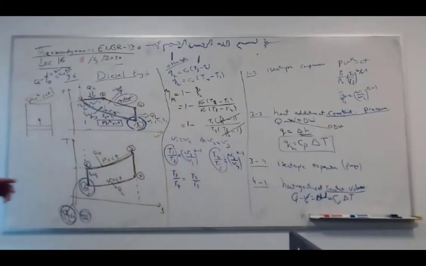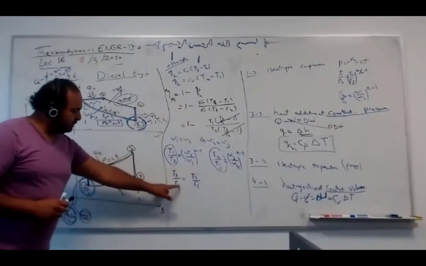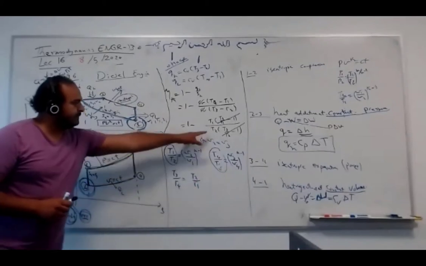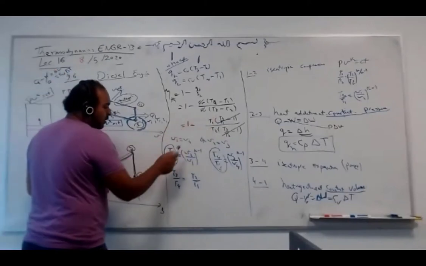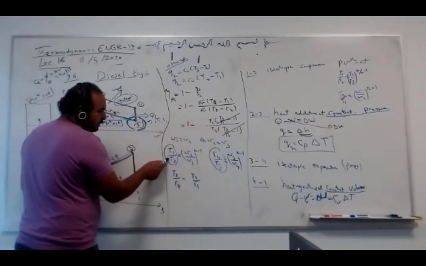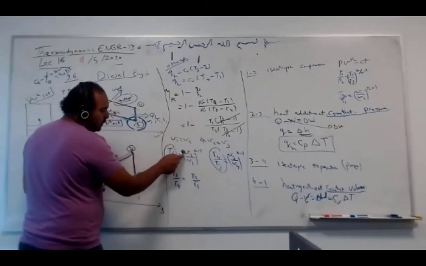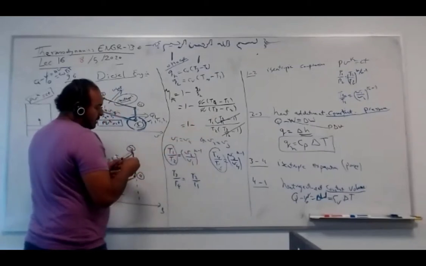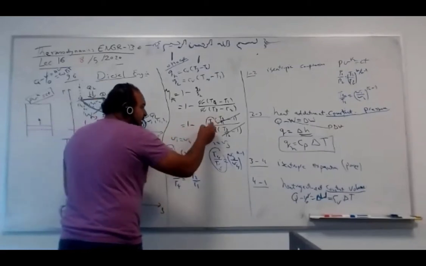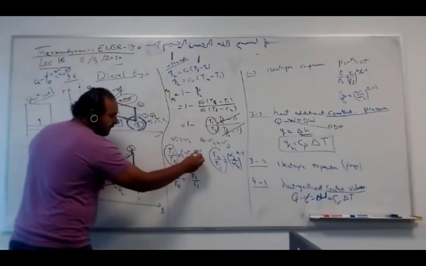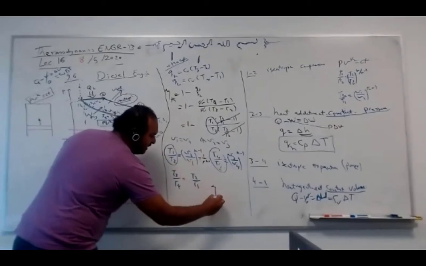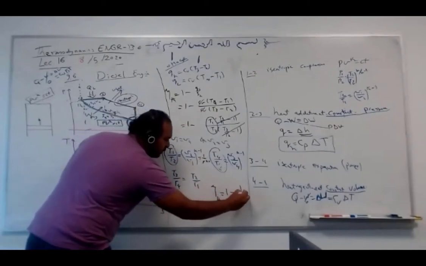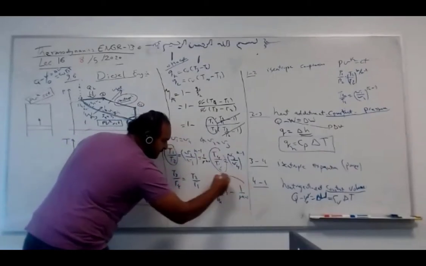Rearranging, T3 over T2 equals T4 over T1. How about 1 and 2? That ratio is 1 over R to the K minus 1, so I can replace this by 1 over R to the K minus 1. It means eta thermal equals 1 minus 1 over R to the K minus 1.